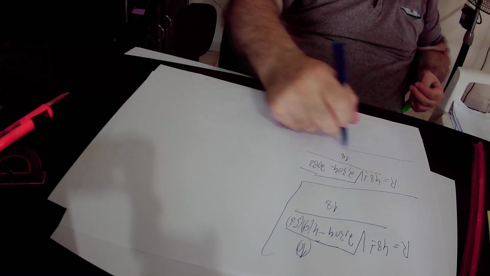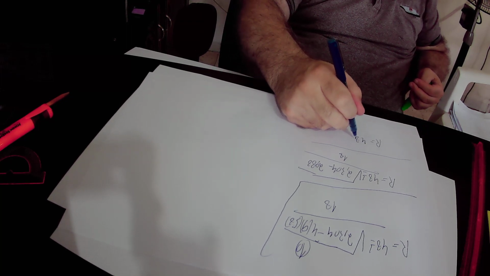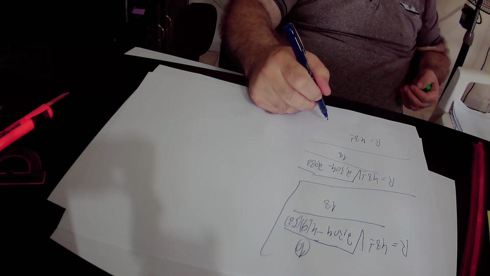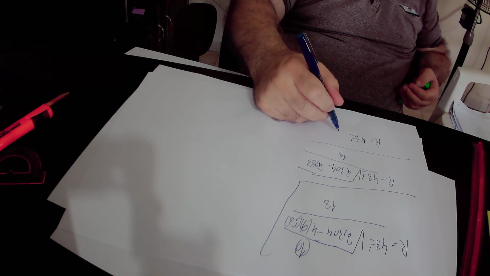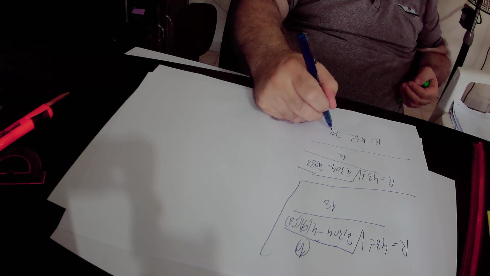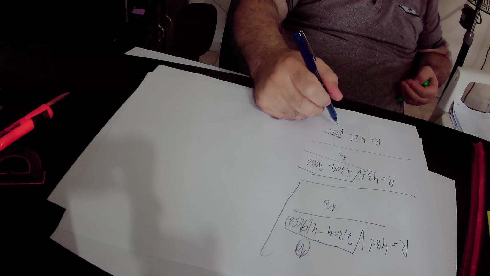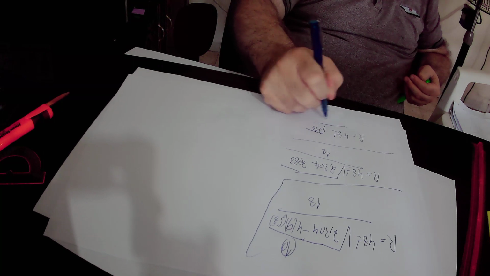So we get that R equals 48 plus or minus the square root of 2304 minus 2088, which is 216, over 18.